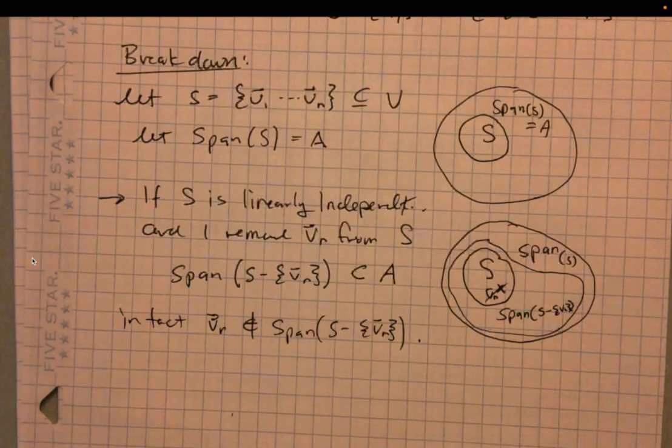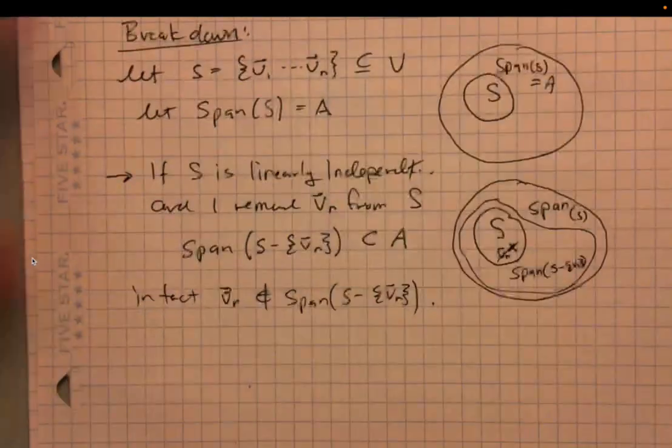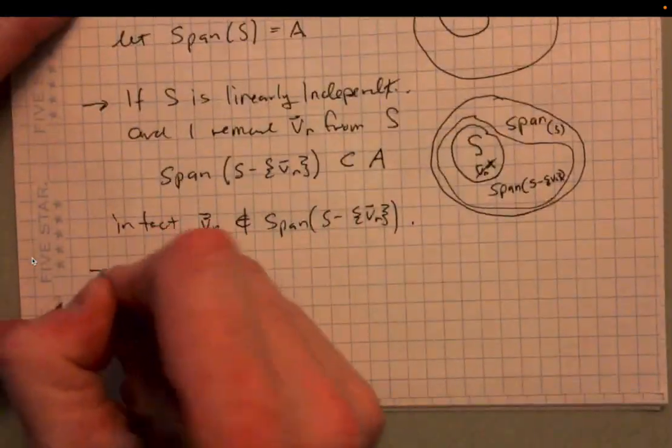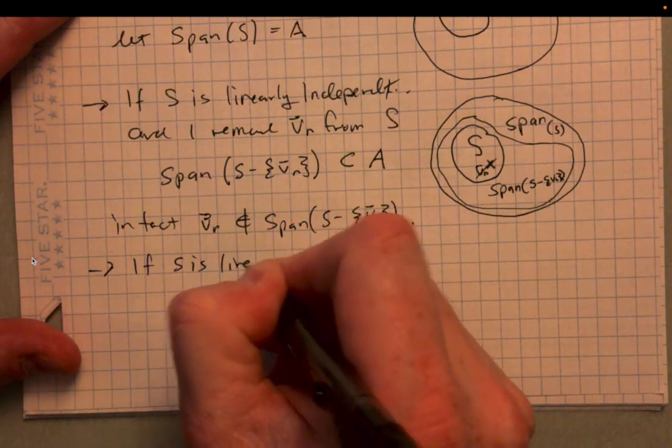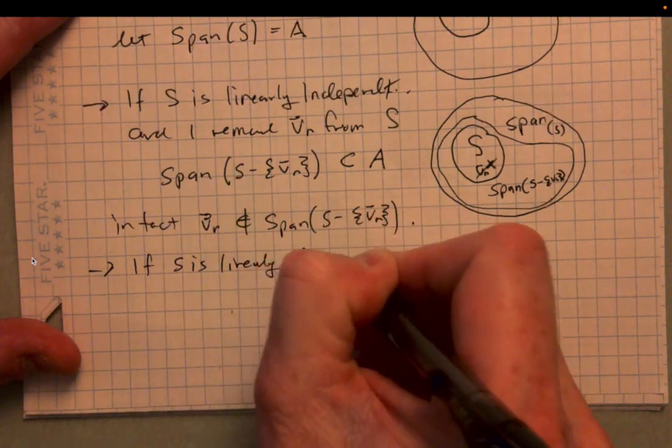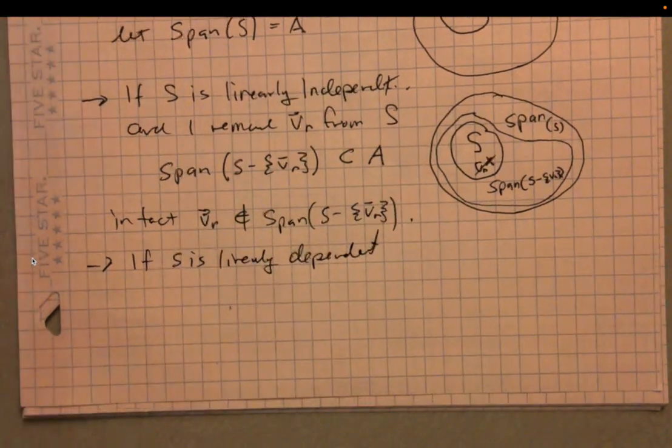All right, so that's in the case where S is linearly independent. But if S is linearly dependent, the situation is quite different. If S is linearly dependent and, let's just assume without loss of generality, Vn happens to be the vector that can be written as a linear combination of the others, so Vn is somehow redundant.